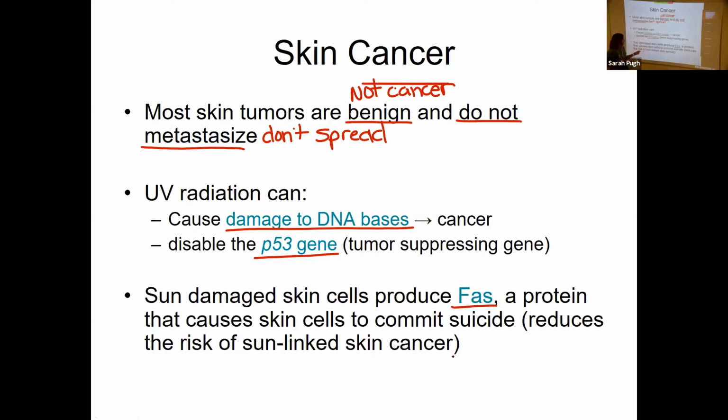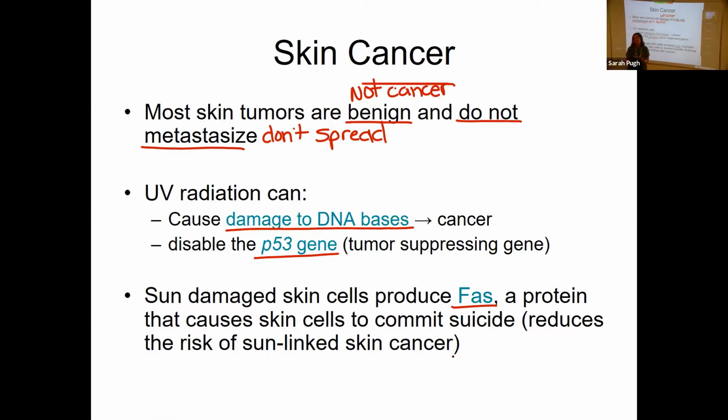This is a protein that's going to cause all those cells that have been damaged to commit suicide. So typically it's the cells at the very surface. They're all going to commit suicide, they're going to die, and it's going to reduce the risk of sun-linked skin cancer. Because instead of those cells surviving and mutating too fast, instead they've all died.